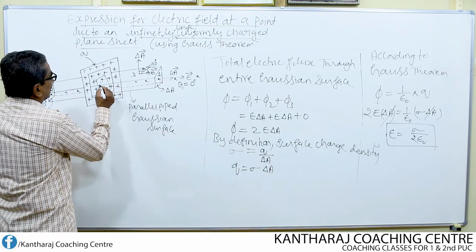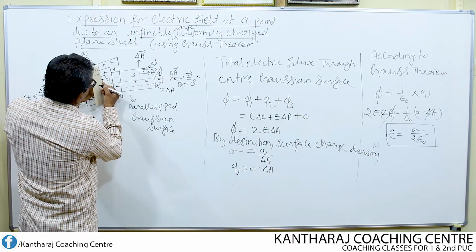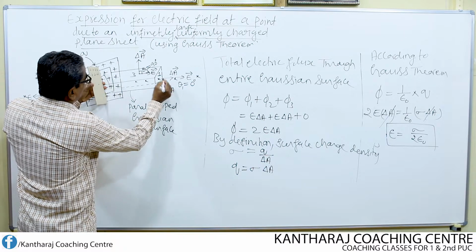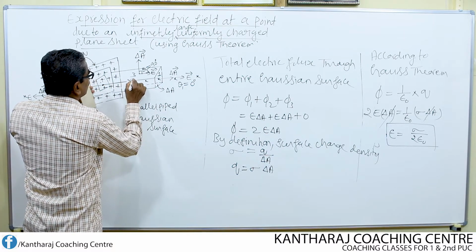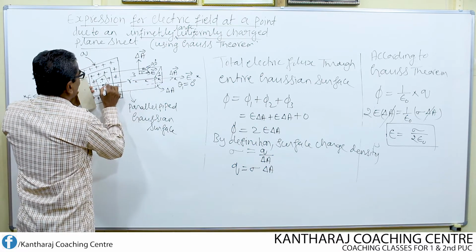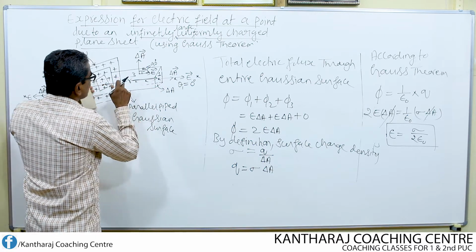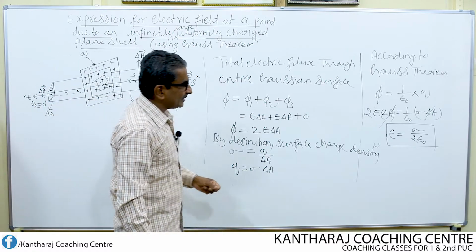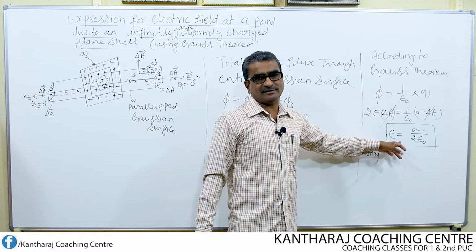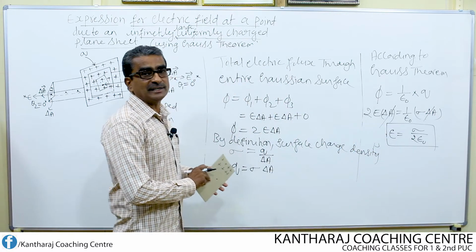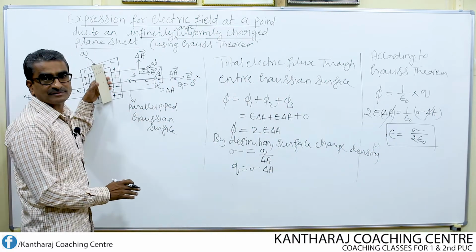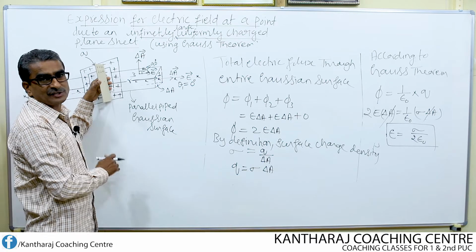Even if I choose this distance as equal to R, still the distance term is not appearing in this equation. That means this electric field is independent of the distance on either side of the sheet.